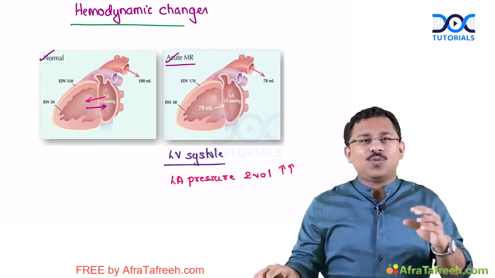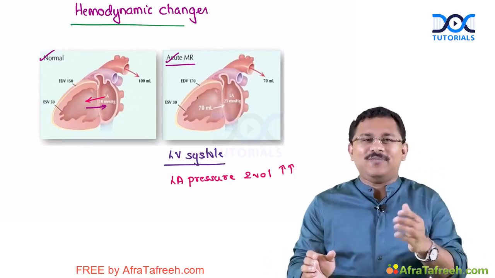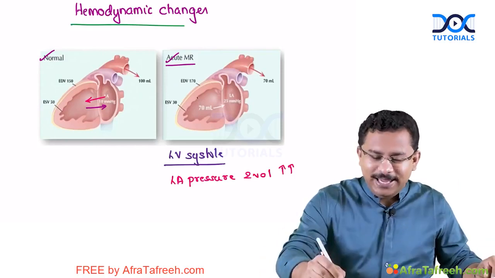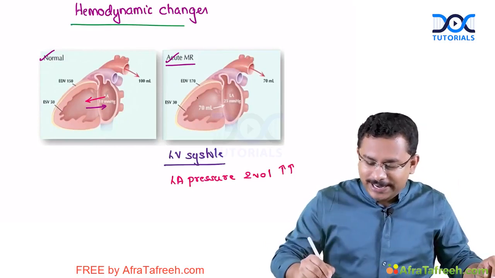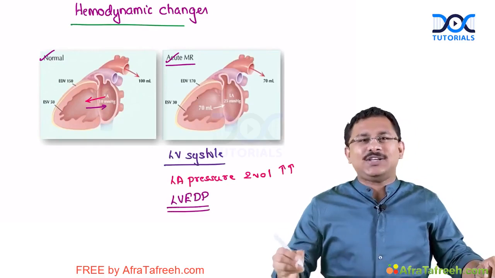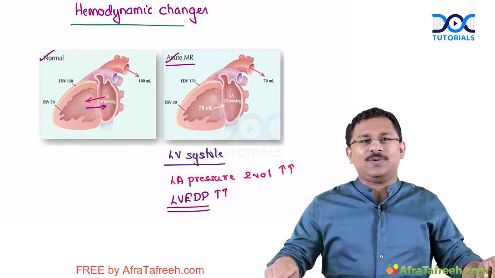The forward stroke volume will fall because the LA pressure and volume will increase. What happens is that the LVEDP, that is the left ventricular end diastolic pressure, will increase during diastole.